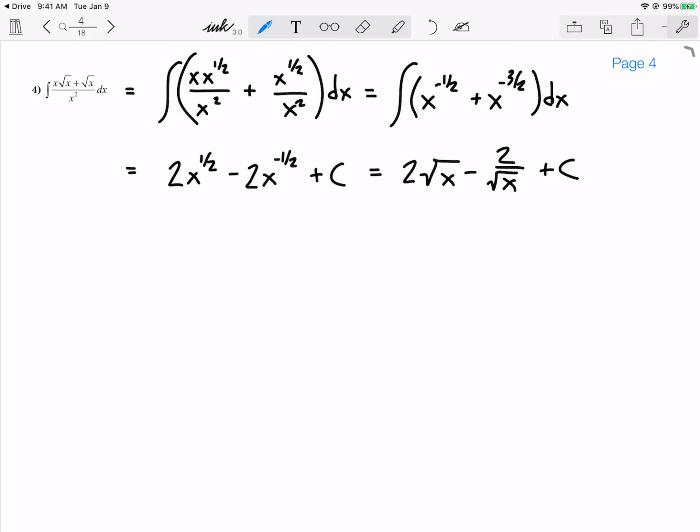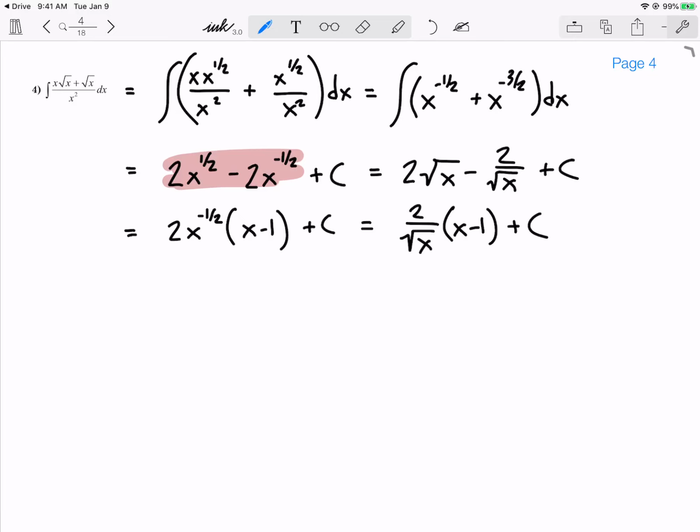Now you may want to actually factor here, depending on what the answer looks like if this were a multiple choice question. So I could pull out a 2x to the -1/2, and then I get x minus 1, and then obviously still plus my constant. So that would be written as 2 over root x times x minus 1. Okay, so two different ways you might see this answer.